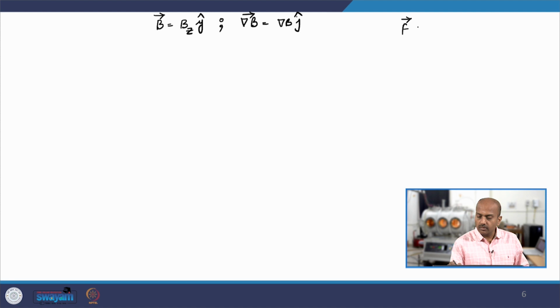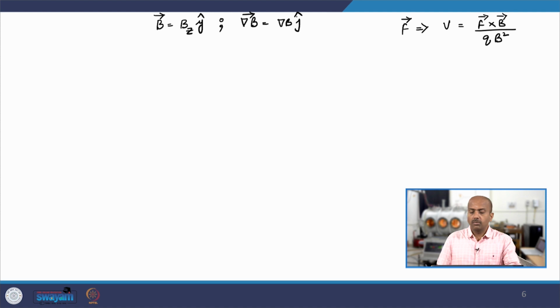If you have the generalized force F, which can give rise to a generalized drift, which is F cross B by qB square. So, if the particle is acted upon by a generalized force, which can be anything, the resulting drift that the particle will experience is given by this expression.